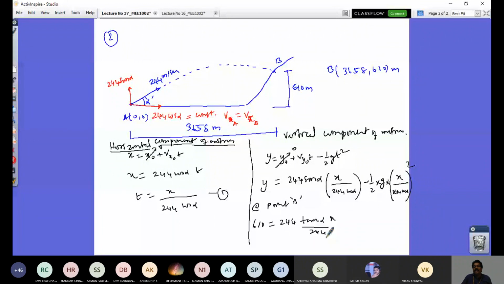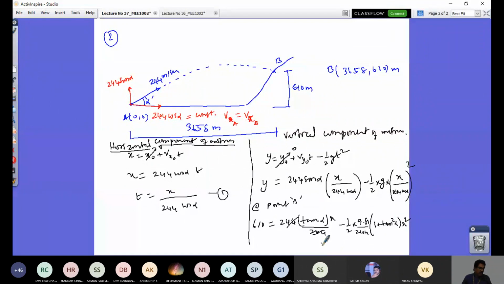So it's simply x into tan alpha minus half 9.81 into, so this 244 is outside. Let me take it out. And this 1 by cos squared alpha becomes secant square alpha, which is 1 plus tan squared alpha, into x square. So that's my equation now.